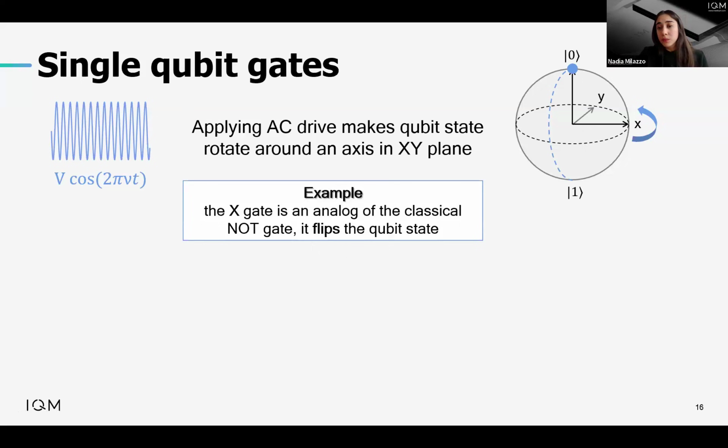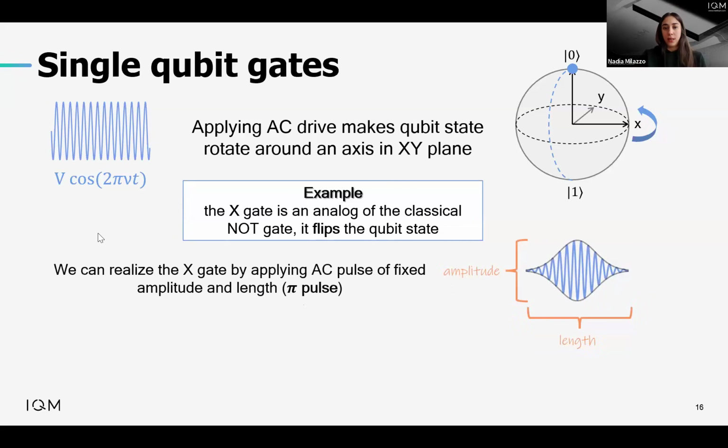The simplest example we can think of is the X gate that we have seen many times during these days, which is an analog of the NOT gate in classical logic gates. And its action is to flip the qubit state. But what does it mean to actually apply an X gate?